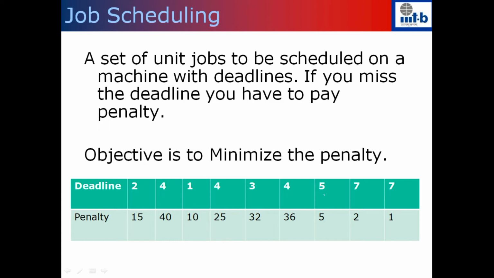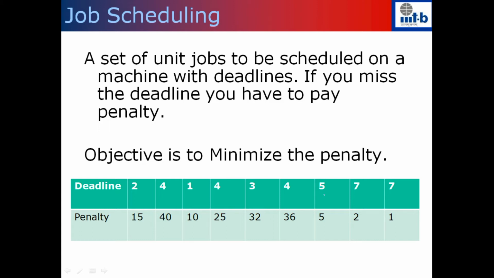Now the given set of jobs may be such that you may not be able to schedule all of them, so you have to pick a subset of these jobs and decide when to do them, so that the total penalty, which you pay for the jobs that you don't schedule, is minimized.